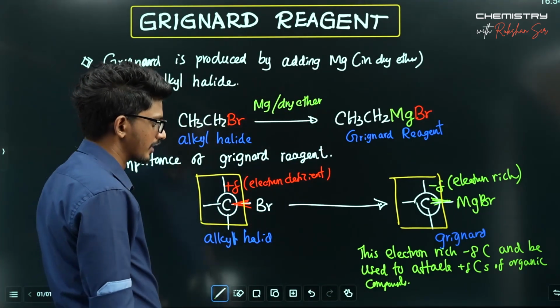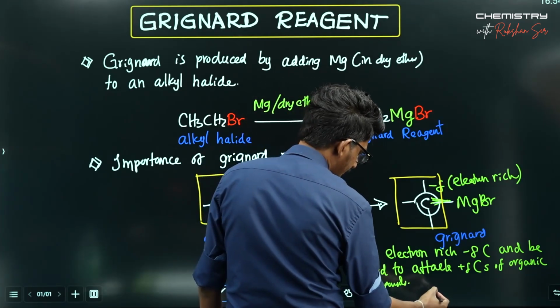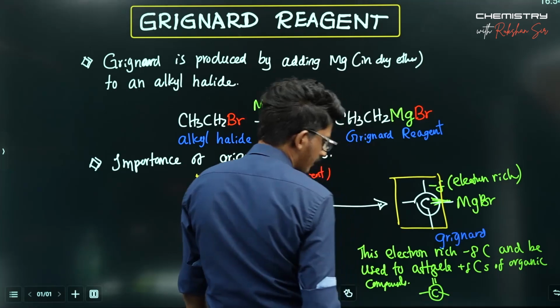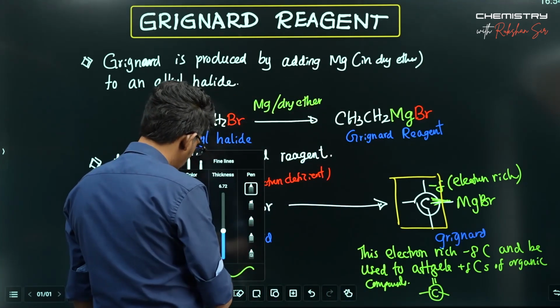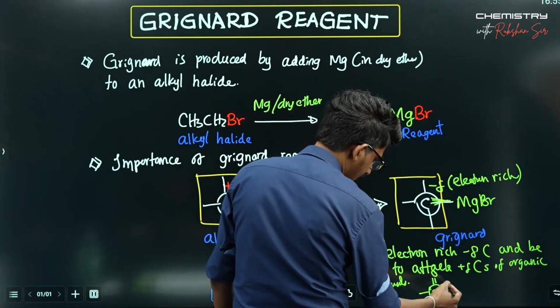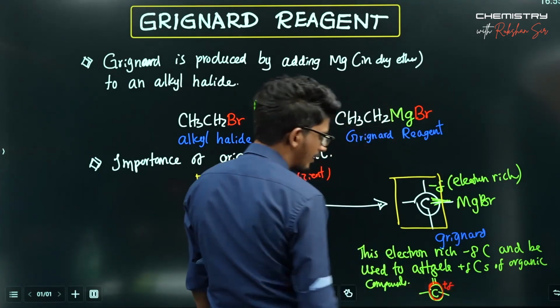Such carbons appear with aldehydes and ketones. With aldehydes and ketones, you will see such delta positive carbons. To attack those carbons, the Grignard can be used.